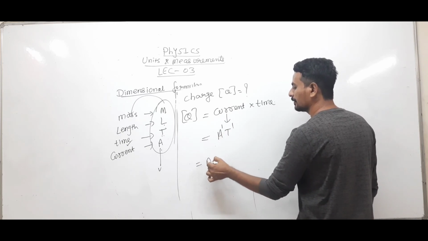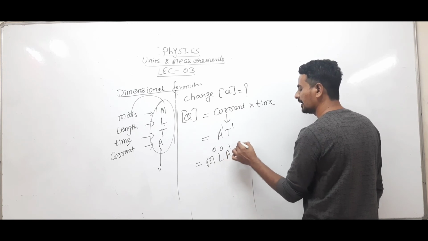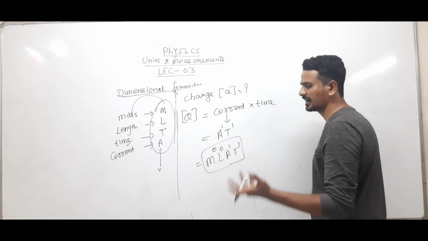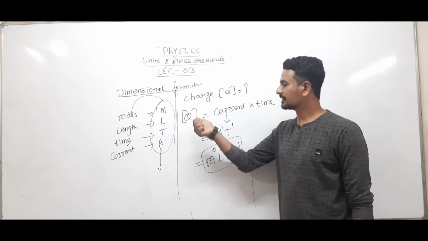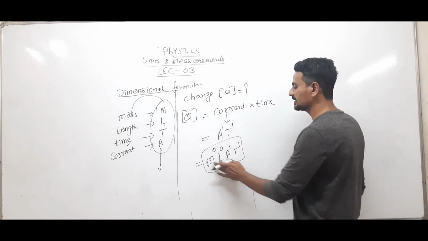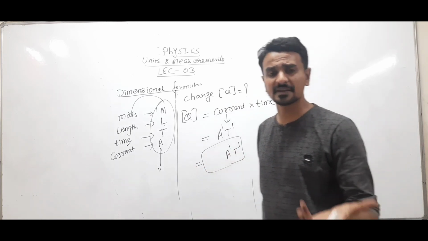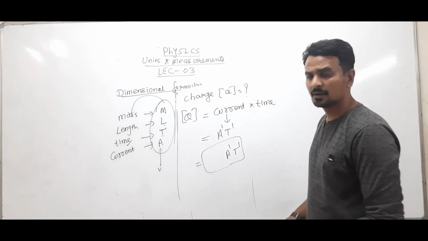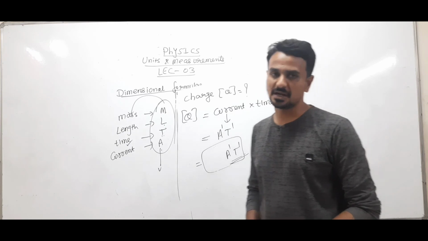So you can write this as M0 L0 A1 T1, or if you are writing A1 T1, that is also okay. So you have written the dimensional formula for the physical quantity charge, right? 0, 0, 1, 1. If you are not placing this, that is okay, because anything raised to 0 itself is 1, right? So A1 T1 is the dimensional formula for the physical quantity charge.